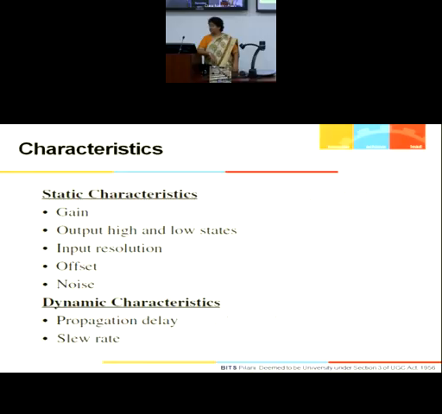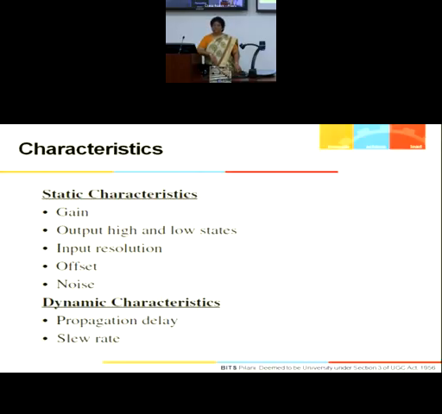Offset, because offset may change this minimum difference which can be amplified. And then the noise, because noise can also cause comparison to be faulty. You have an input referred noise voltage coming as an offset at the input. So the difference between the two terminals you may not be able to resolve because it may be a noise signal. So all these things are becoming very critical from a static point of view.